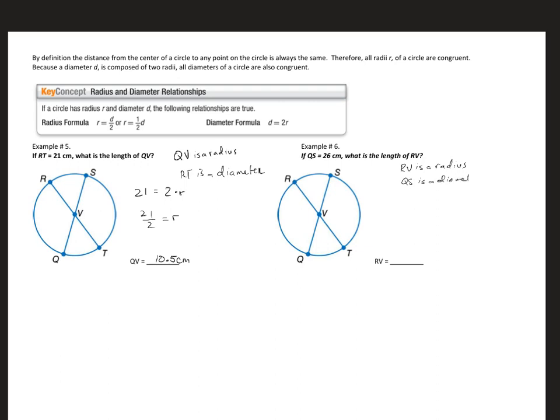So again, I'm going to need to use the diameter formula and say that the diameter is equal to 2 times r. In this situation, 26 equals 2 times my radius. I divide both sides by 2, and I get that 13 is equal to my radius. So 13 centimeters is RV.